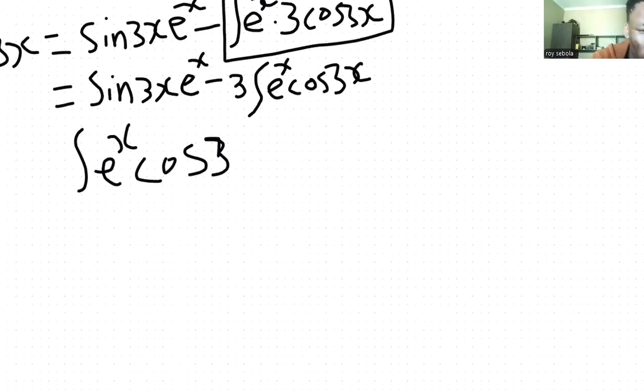Remember, in this case our u is our trigonometric function, cos 3x, then dv is going to be e to the x.